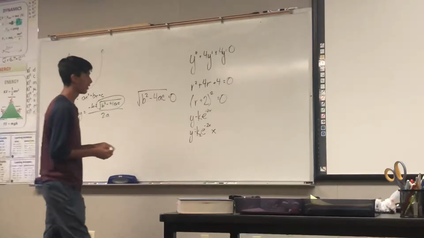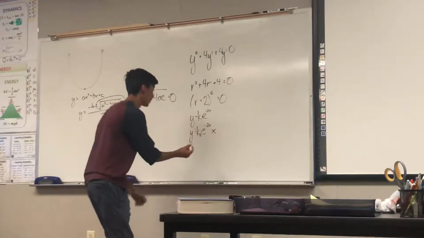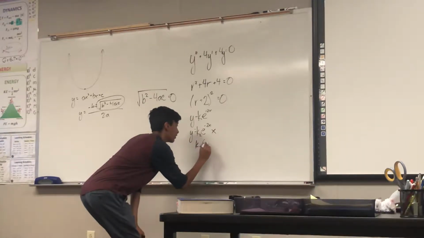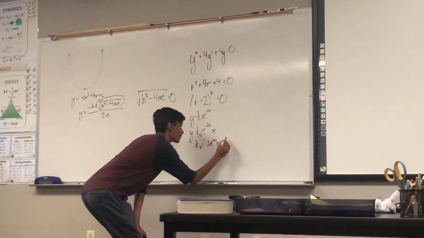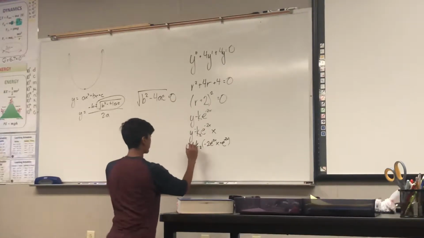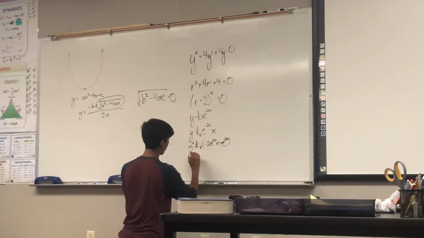What's the derivative of k2 e to the negative 2x times x? You have to do the product rule. Yeah. So it'd be k2 times negative 2 e to the negative 2x x plus e to the negative 2x. And then the second derivative, or that was the first derivative, and now the second derivative.